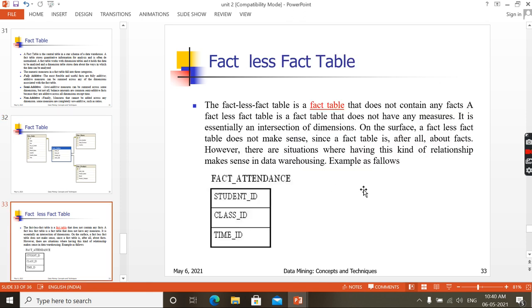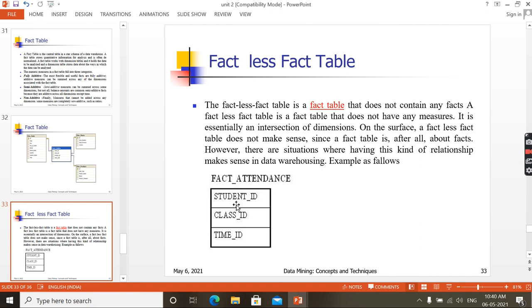But a factless fact table is also used, where sometimes it makes sense. For example, an attendance fact table. For a particular student in a particular class at a particular time, he has attended. Different students attend different classes at different times, and we can retrieve that data using the attendance fact table.